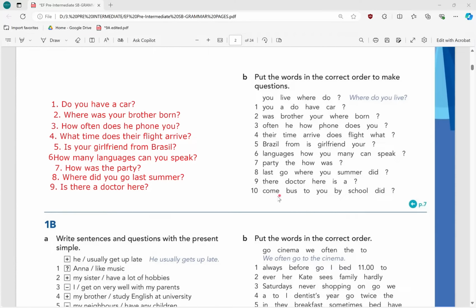Did you come where? Did you come to school? How? By bus. So I'm asking that. Number 10. Did you come to school by bus?